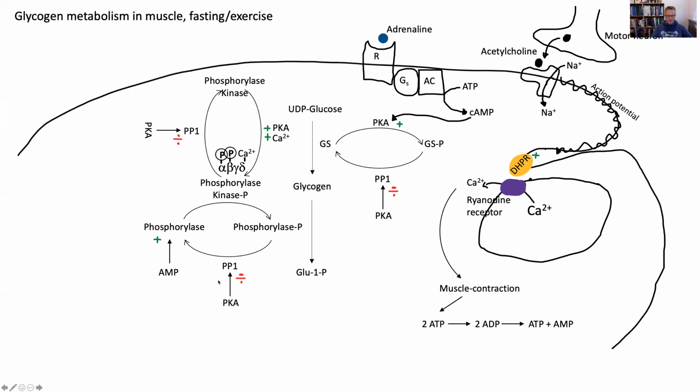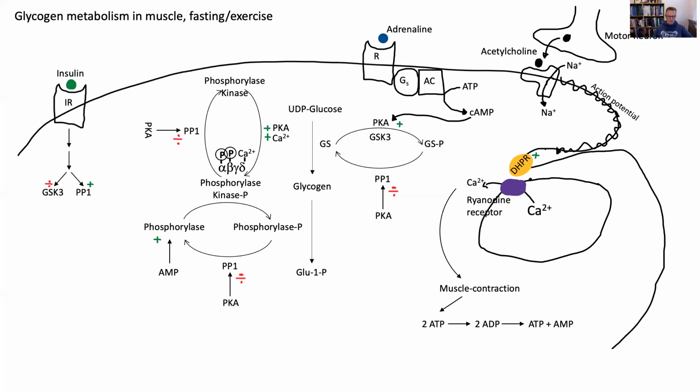It will not dephosphorylate phosphorylase and not dephosphorylate phosphorylase kinase, and that will, of course, keep the enzymes active, or inactive in terms of the glycogen synthase. So these control mechanisms will ensure that under these conditions glycogen is being degraded and not being synthesized.